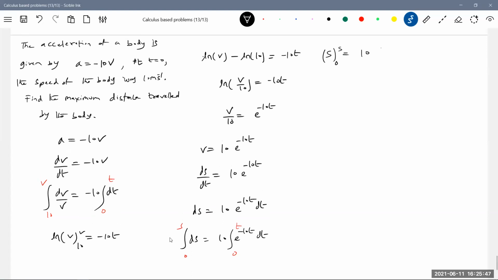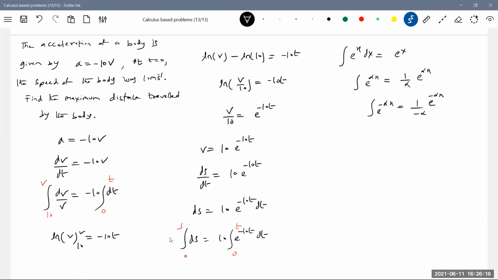I will write the integral formula first. The integral of e to the power of x dx will be e to the power of x only. The integral of e to the power of alpha x will be 1 by alpha e to the power of alpha x. The integral of e to the power of minus alpha x should be minus 1 by alpha e to the power of minus alpha x.